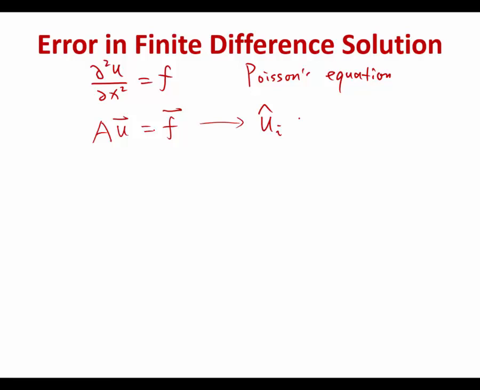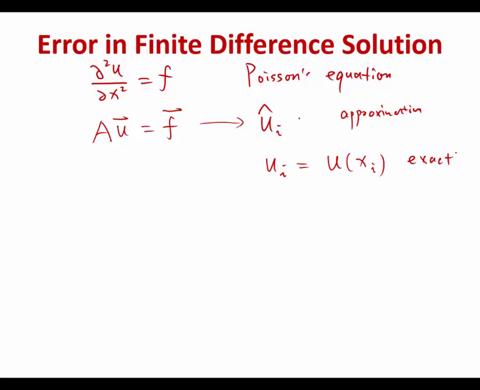The hat means it's a numerical approximation. And U_i is the analytical solution, equal to the solution u at x_i. So this is an approximation, and this is exact. The approximation is also called the numerical solution.